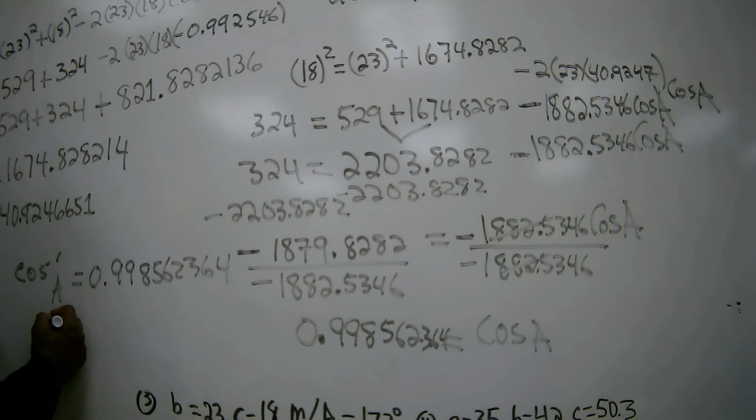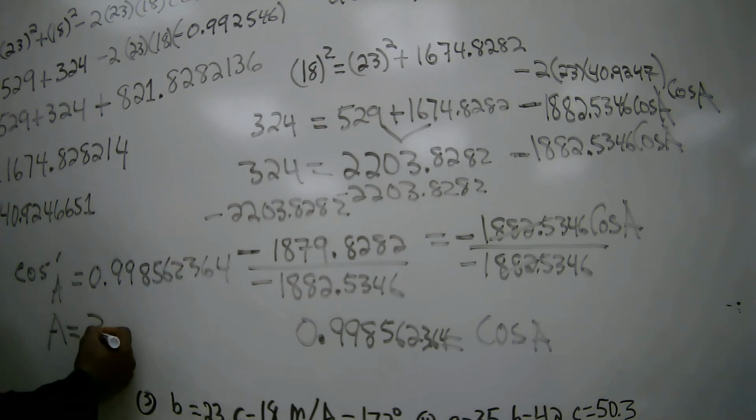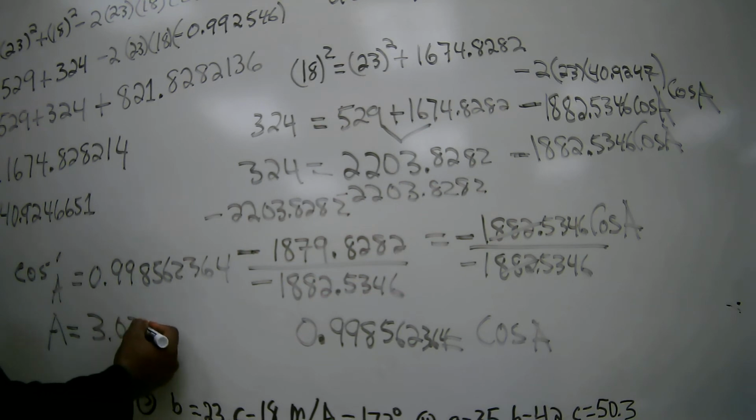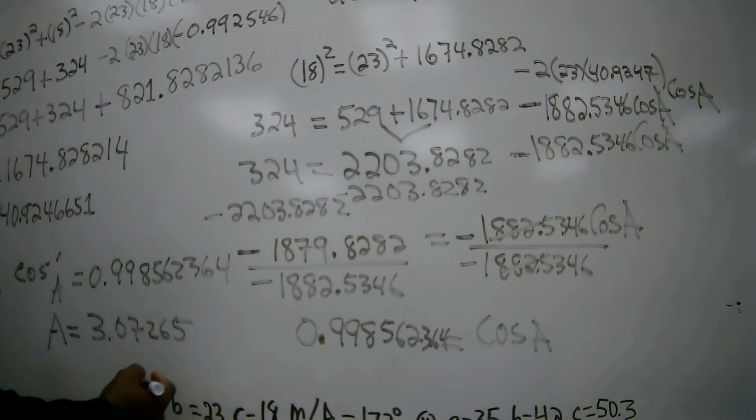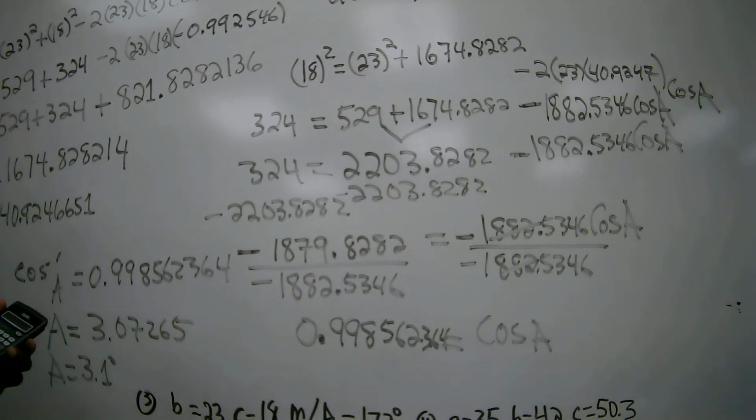Like we predicted, it's going to be a very small angle. So we're going to round this to the nearest tenth. That would be 3.1 degrees, which is really a small angle.